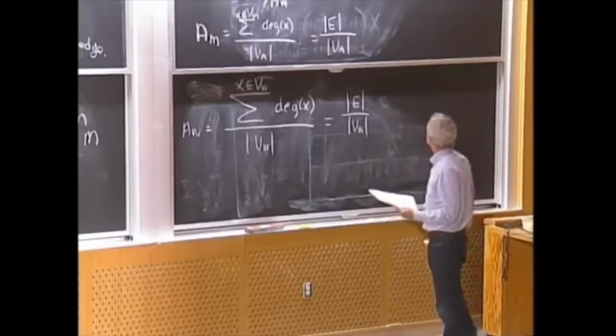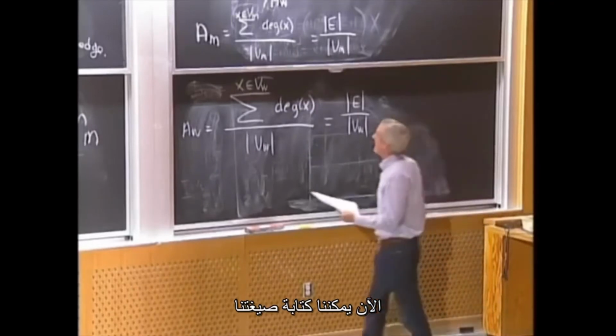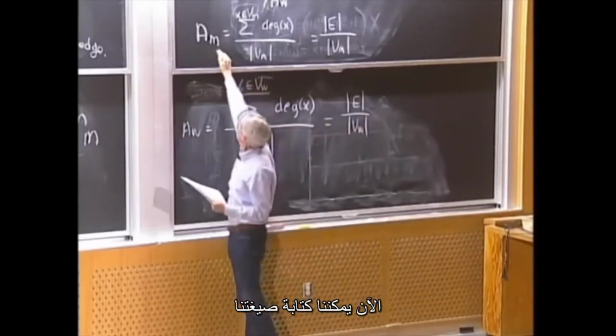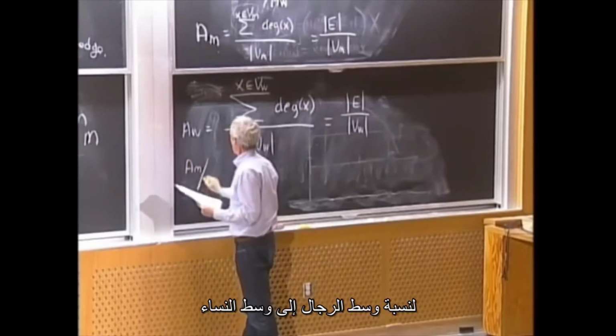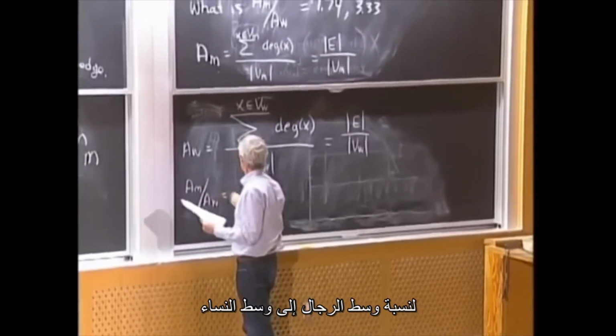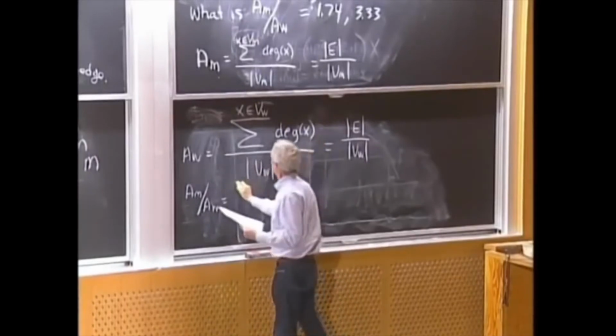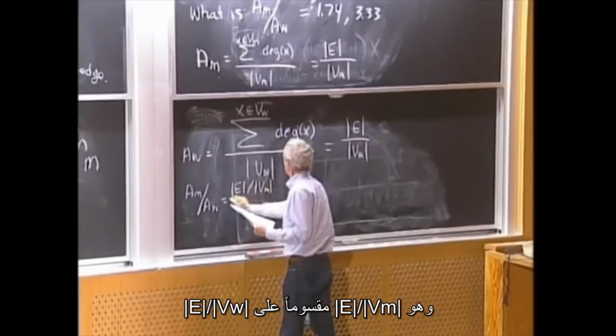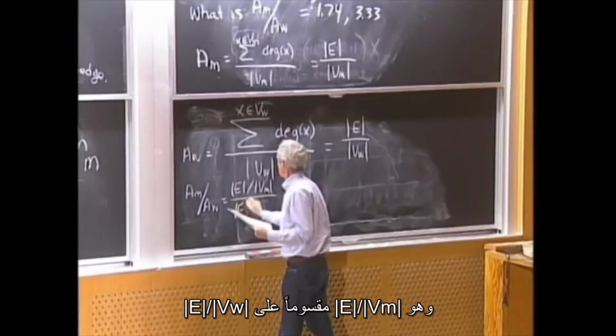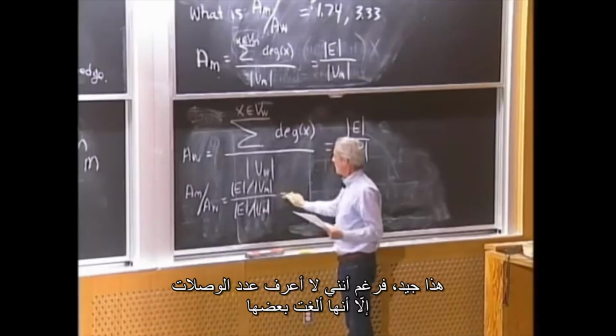All right. Well, now we can solve for our formula, the average over men over the average of the women. That's E over Vm divided by E over Vw. Wow, this is nice.